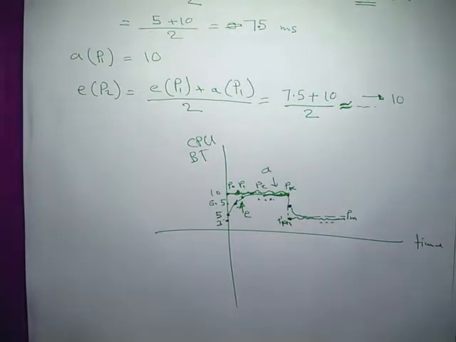So this kind of estimation is fine. However, it needs collection of information, history, and evaluating this kind of equation and so on. So let's follow that in a simple example.